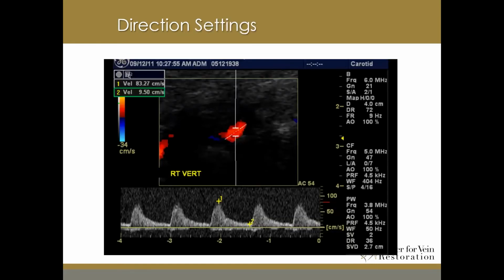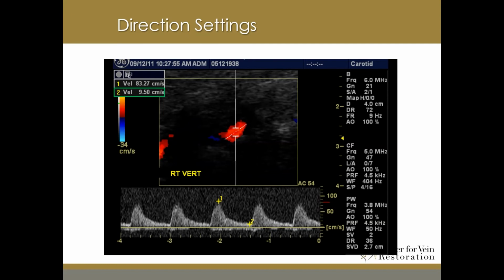Sometimes flow direction can be confusing as well. The ultrasound systems have a button on them called invert. It allows us to invert the color, invert our spectral, but that's not always proper in utilizing that key.